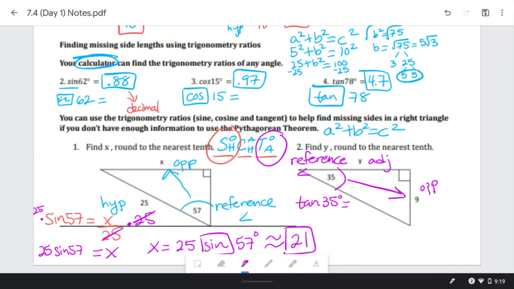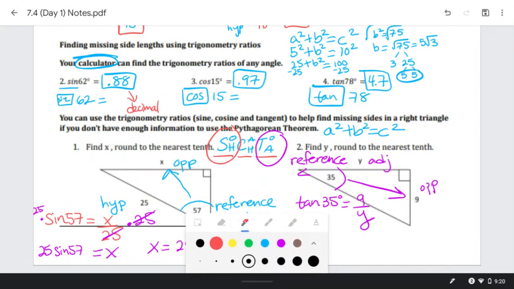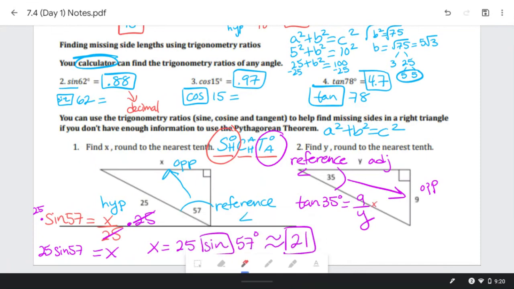And the opposite side is 9. So it's TOA, so 9 over y. And we want to get the y by itself. So we're going to have to multiply both sides by y here.